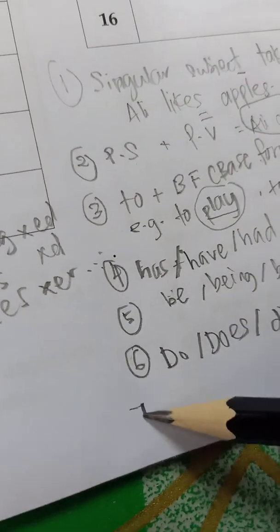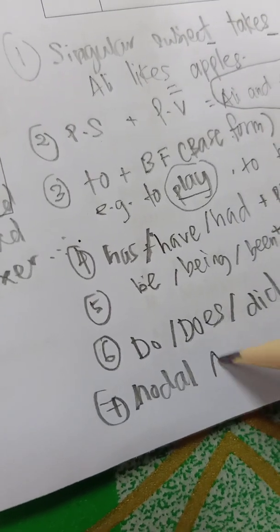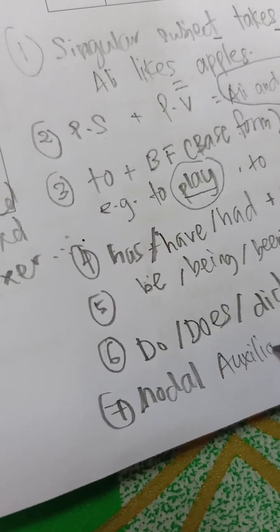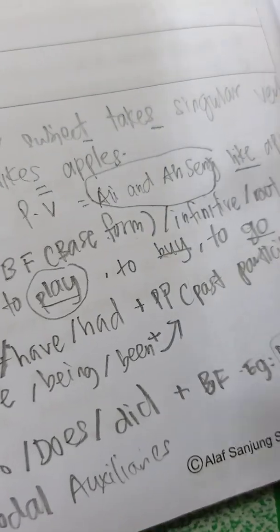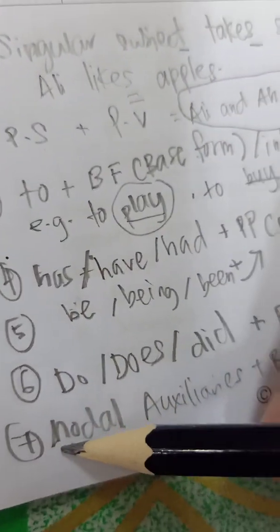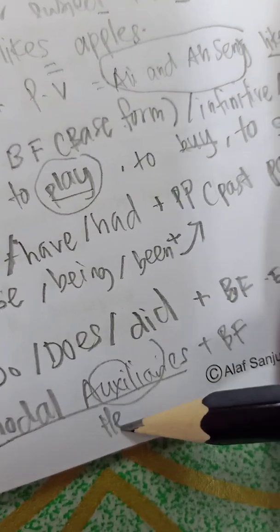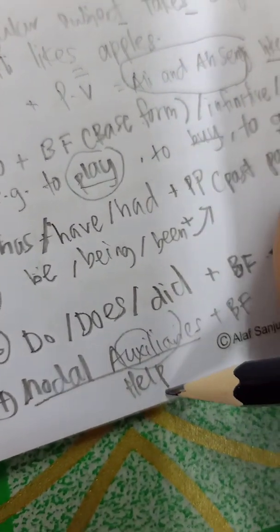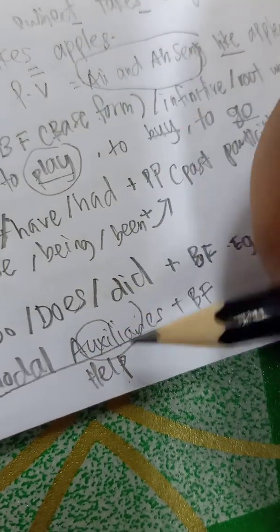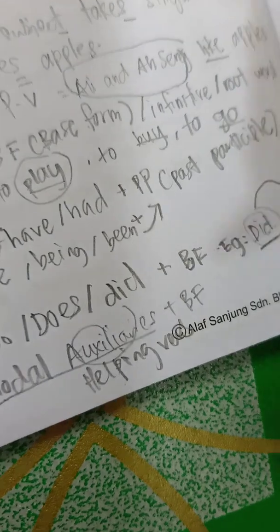And the last one is the modal auxiliaries. They must be followed by BF as well. What are the modal auxiliaries? Auxiliaries mean helping. So they are helping verbs, verbs that are helping.